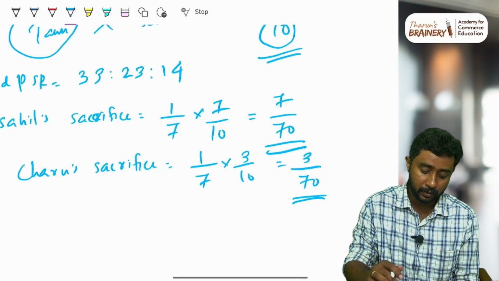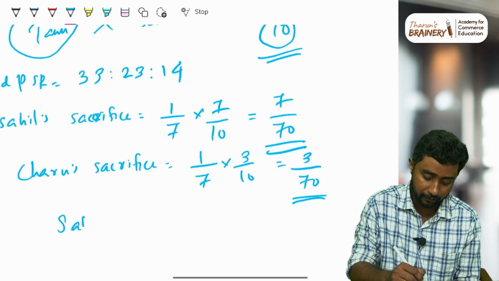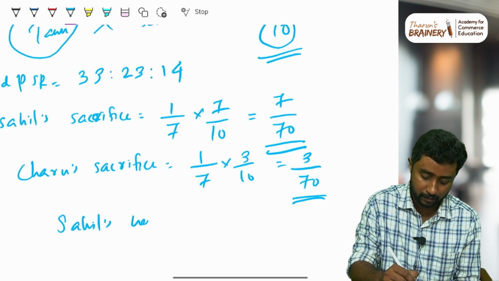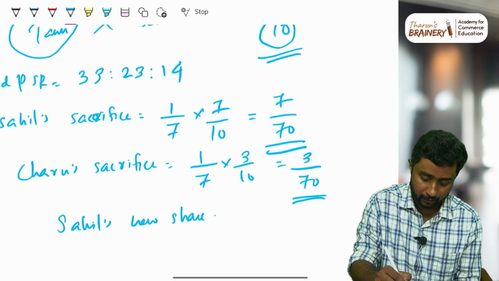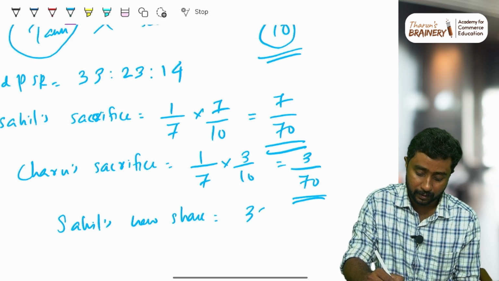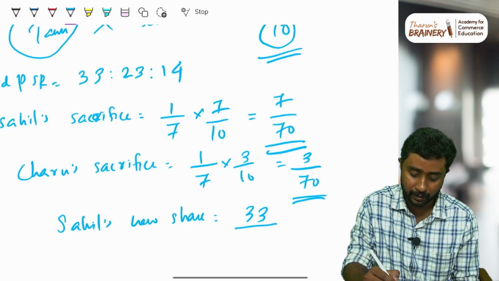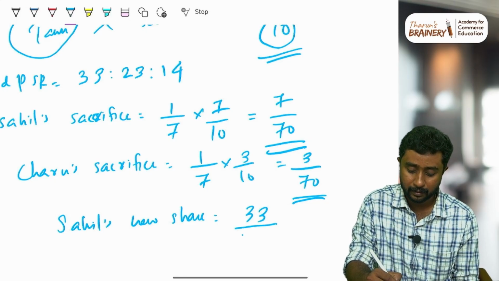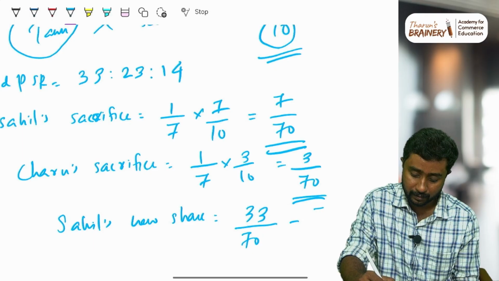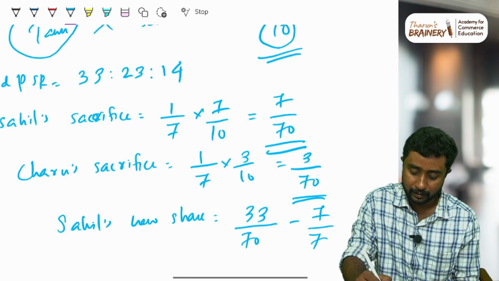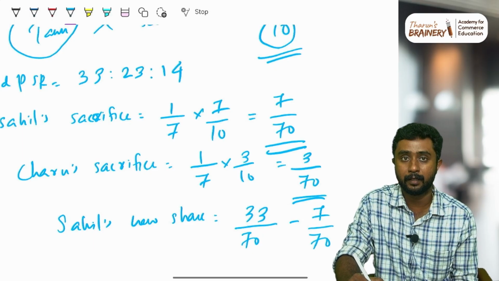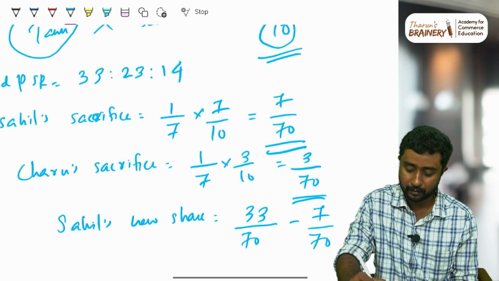So now you got both the partners' sacrifice. With that we can find out Sahil's new share. How to find out? Sahil's old share is 33 by 70, minus he is sacrificing 7 out of 70. So 33 minus 7, 26. 26 by 70.